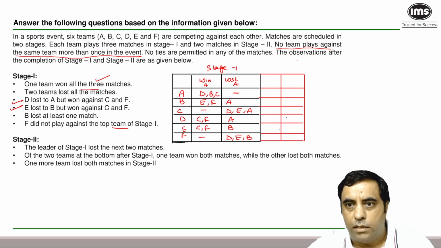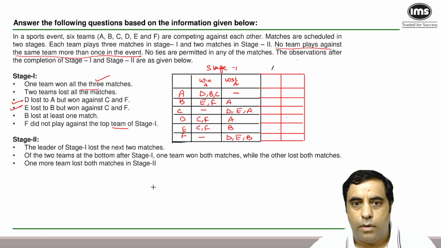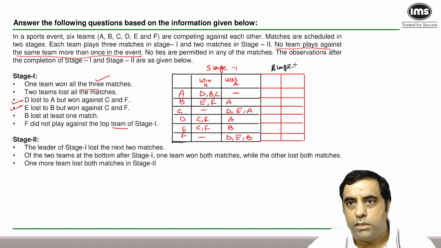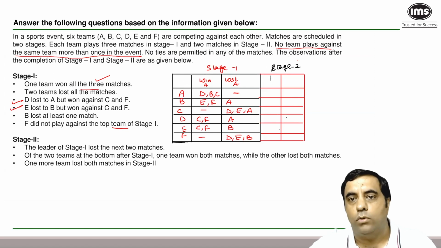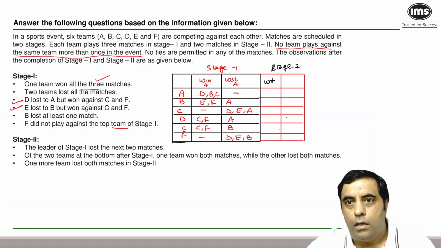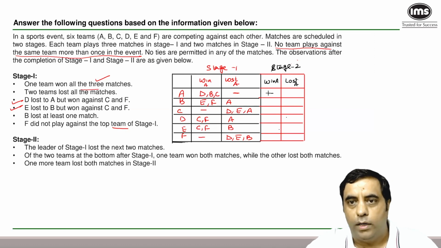The reason for changing the colors is just to keep things clear. Okay. Now let's read the first statement very carefully. The leader of stage 1 lost the next 2 matches. Now the leader was A and lost. So again, we'll write win against and lost against. So A lost both the matches, therefore no win.